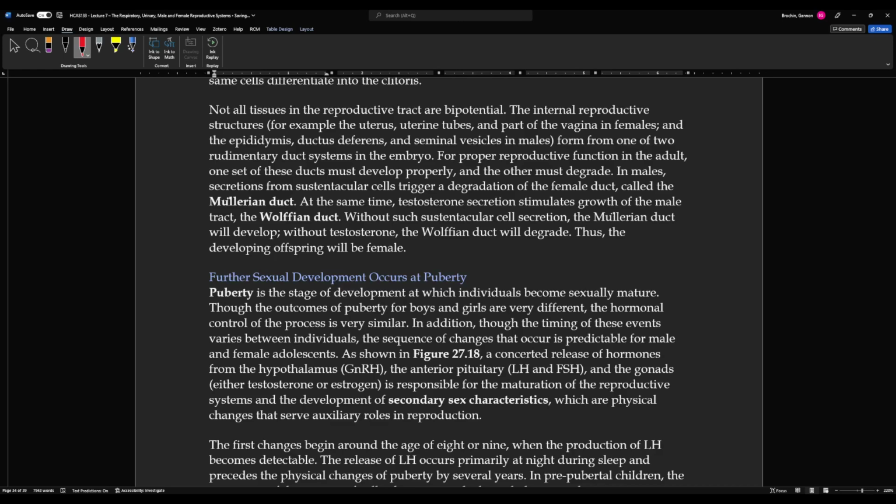And this is pretty important, that we develop them in a similar way, just because there is a sort of default sex.